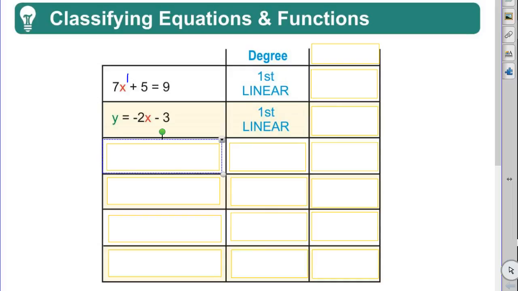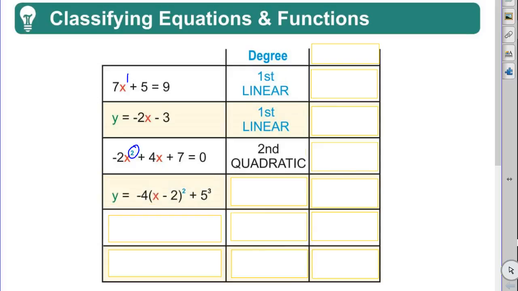All right. Second example here. Now we have a squared variable. Right? We've got a squared variable, and so this is second degree, and second degrees are quadratic. So second degree quadratic. And there's another quadratic.